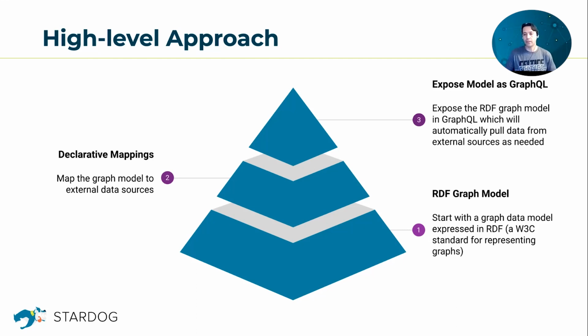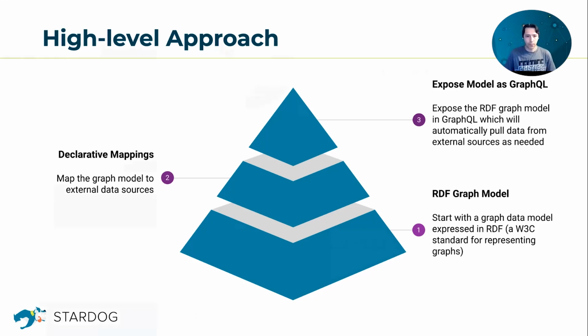And then at the third step, we expose this RDF graph model as a GraphQL schema. So you can run GraphQL queries against this model, which behind the scenes will use the mappings to pull the data from those external sources and return the results to the user.